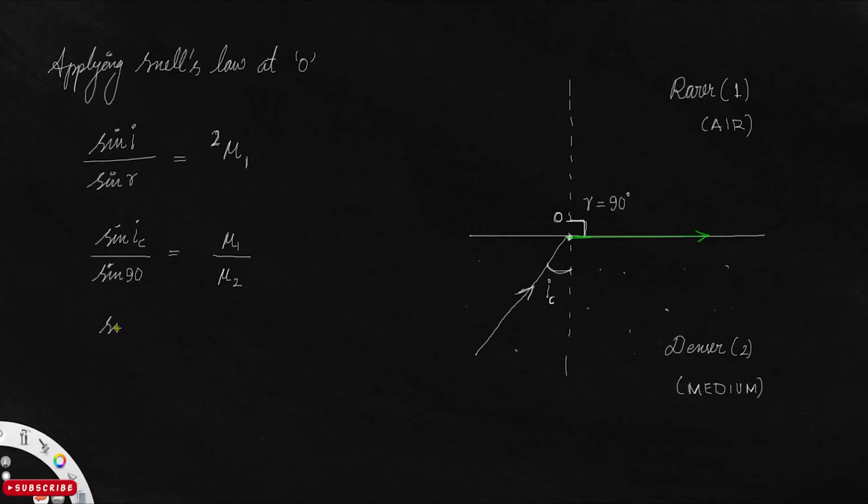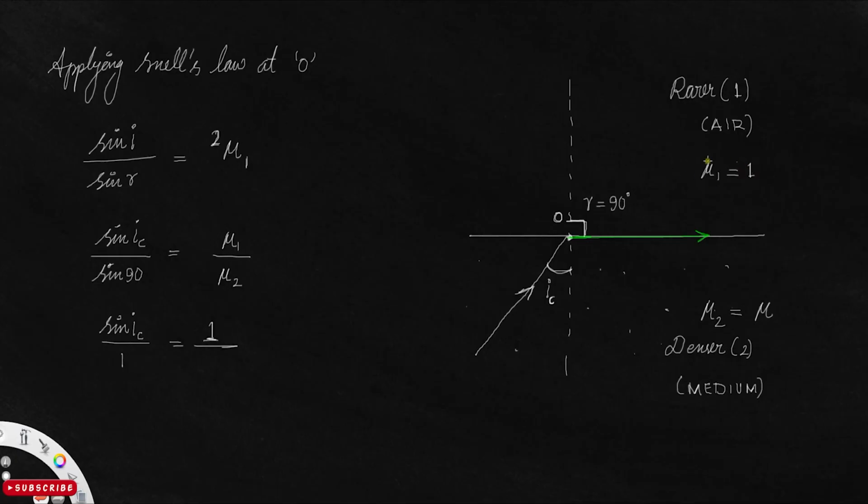So sine IC divided by sine 90 is actually 1. Now for air, the first medium is air, the refractive index is 1, divided by, now let's take the refractive index of the second medium as mu itself. See, mu2 equals mu, and mu1 is actually 1.